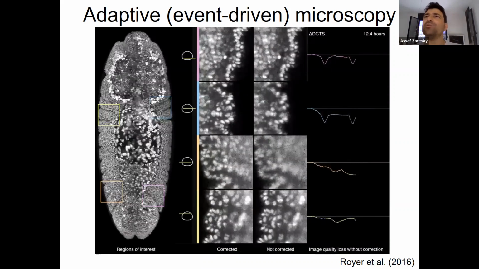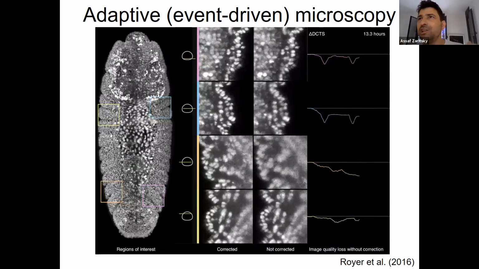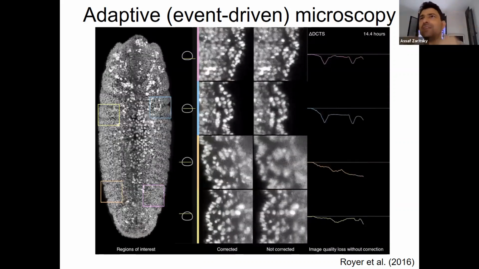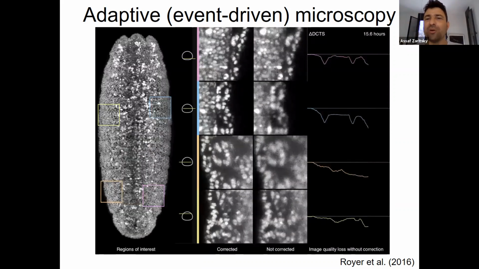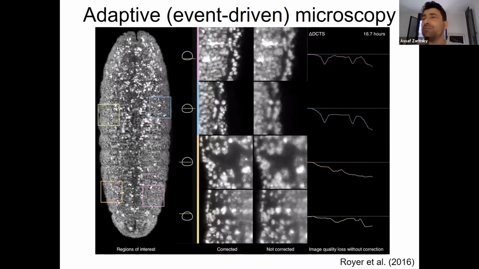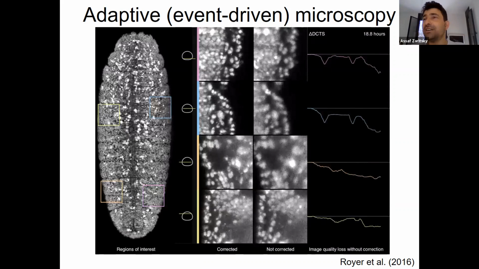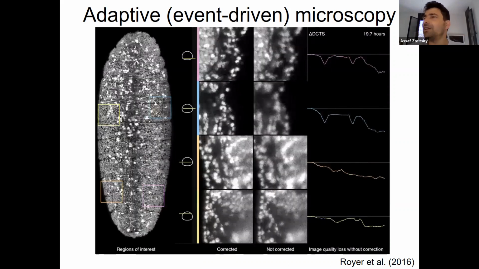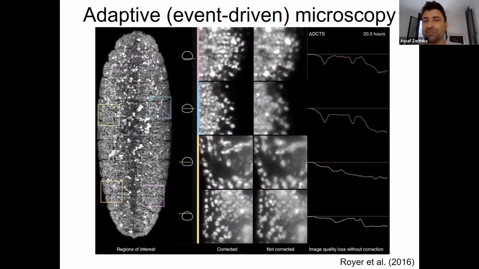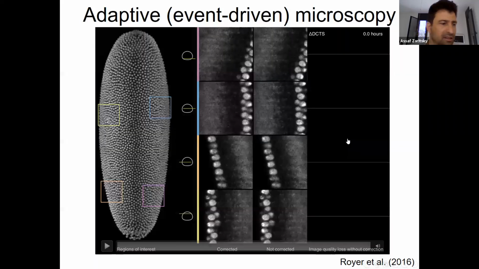To image the whole process, you need to change parameters of the microscope dynamically, on the fly. And this is a nice paper that I think started these ideas of automating microscopes to make decisions on the fly. This is something that I didn't have a chance to talk about. And that's it.